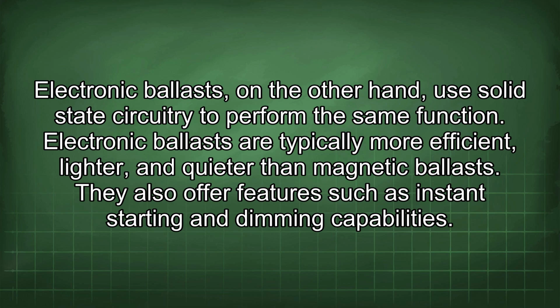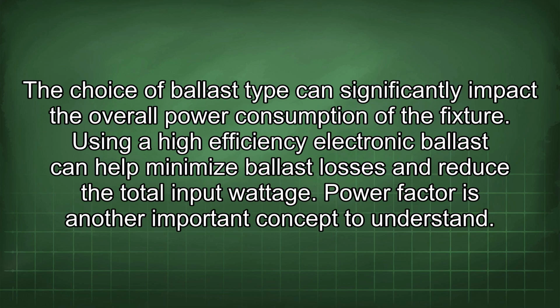Electronic ballasts are typically more efficient, lighter, and quieter than magnetic ballasts. They also offer features such as instant starting and dimming capabilities. The choice of ballast type can significantly impact the overall power consumption of the fixture. Using a high-efficiency electronic ballast can help minimize ballast losses and reduce the total input wattage.